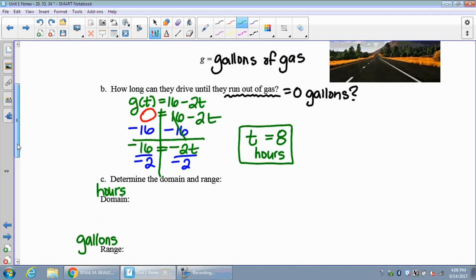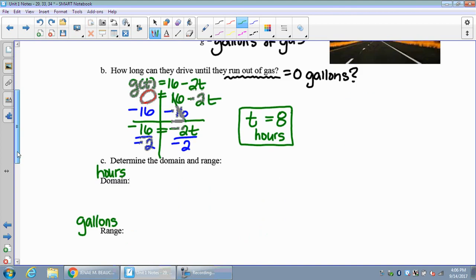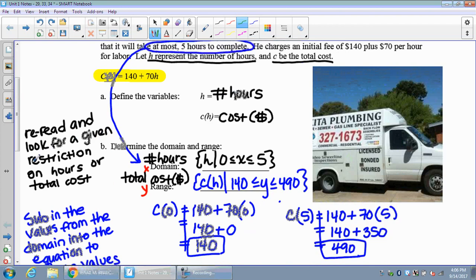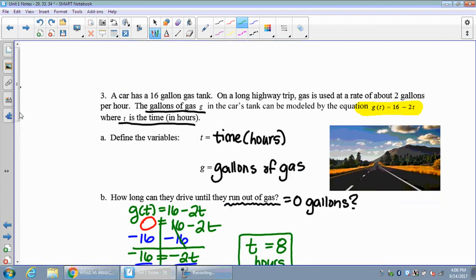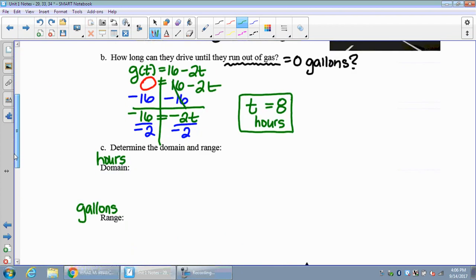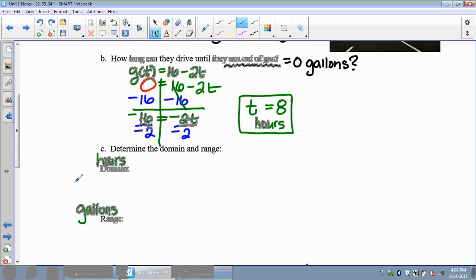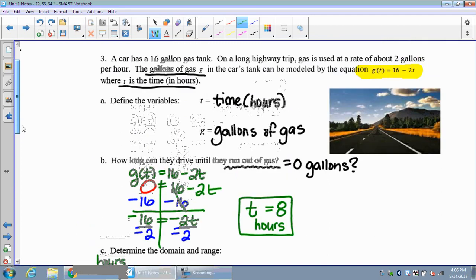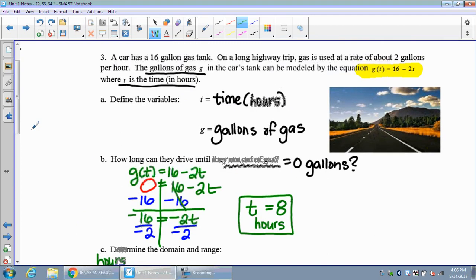I look and ask myself this question from the other page: reread and look for a given restriction on... For us, we are going to reread and look to see if we're given a restriction on hours or gallons of gas. I'm going to give you a second to reread. Are you given a restriction on hours or gallons of gas?